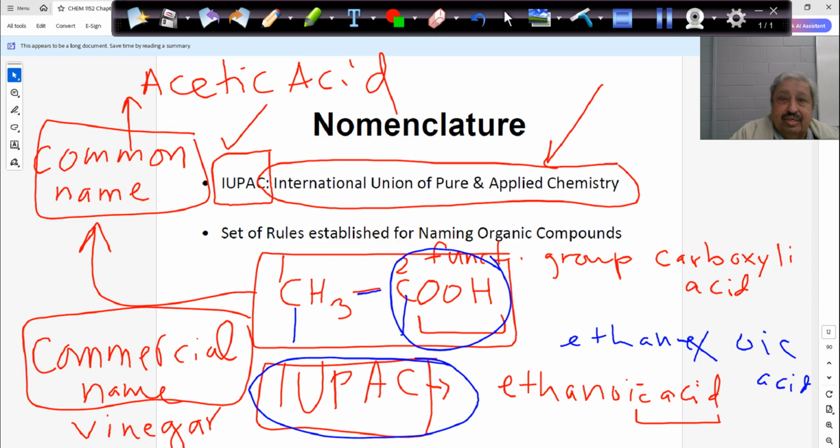Not ic acid, that's organic, but you will add oic acid. So you take the E of the alkane, and then you add oic acid. That's an example of the nomenclature.